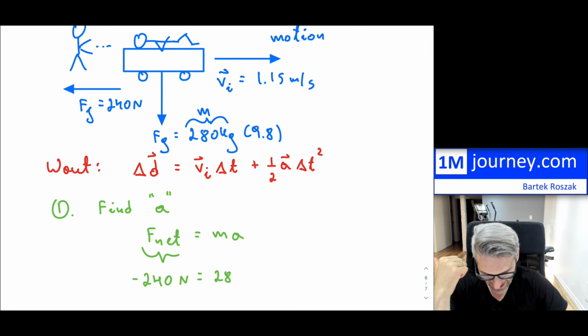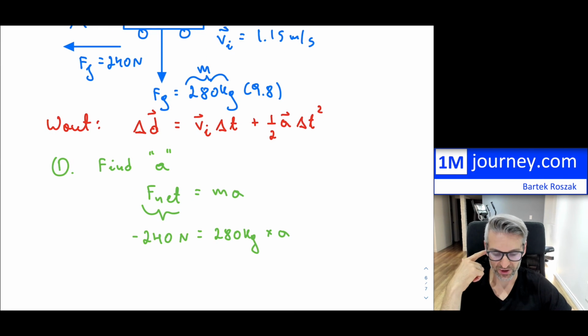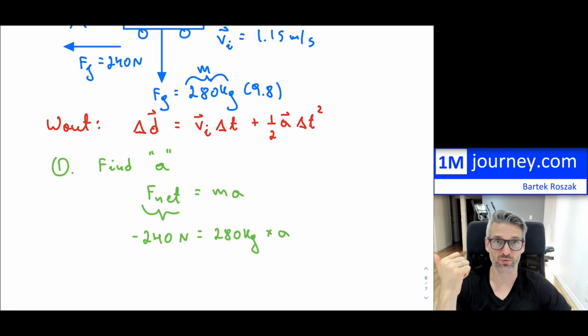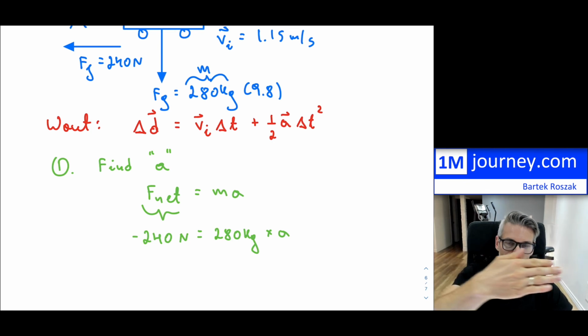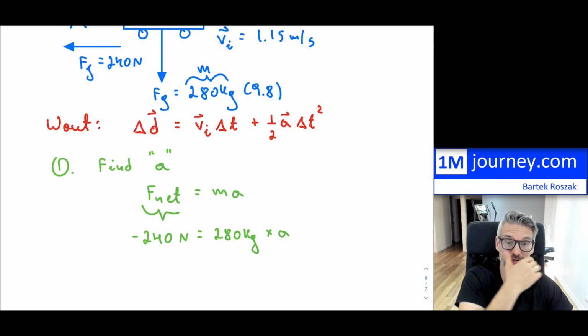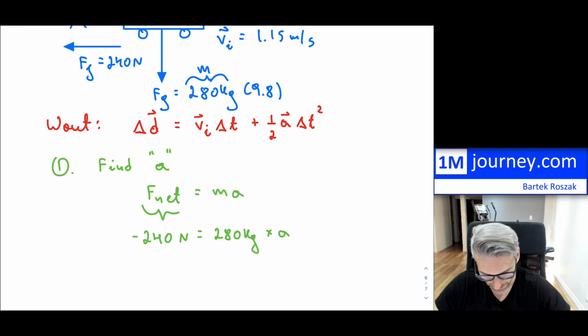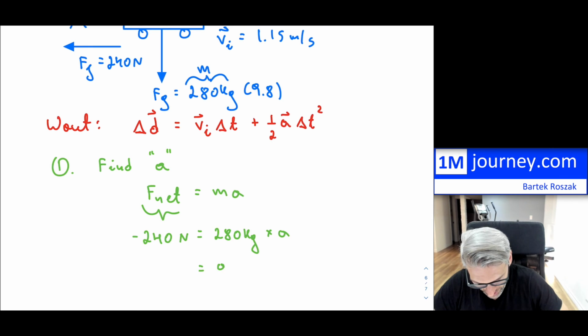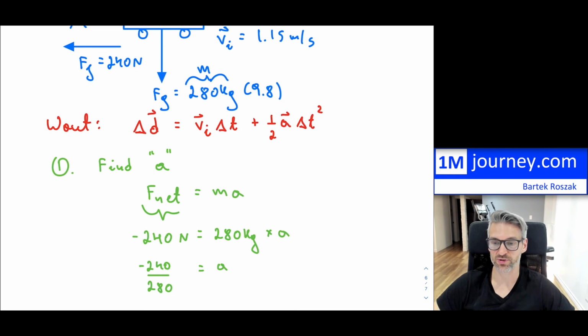Your mass is 280 kilograms, and that is multiplying the acceleration. So the magnitude we will know, and the direction we'll know as well. It's decelerating. If you're moving in this direction, negative means it's that way. So the acceleration here is going to be negative 240 over 280 meters per second squared.